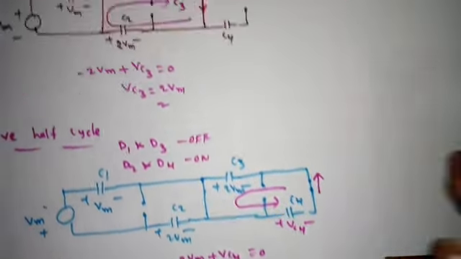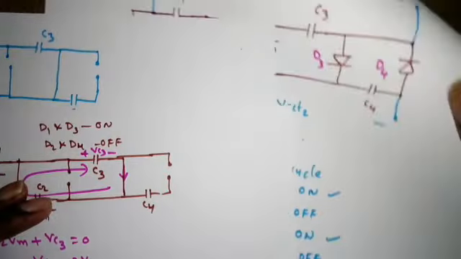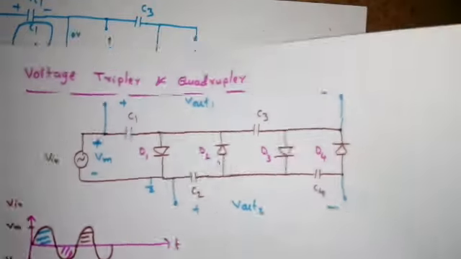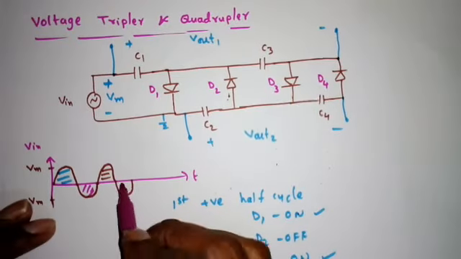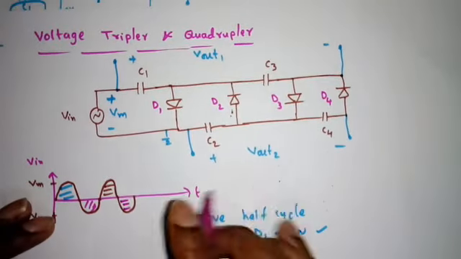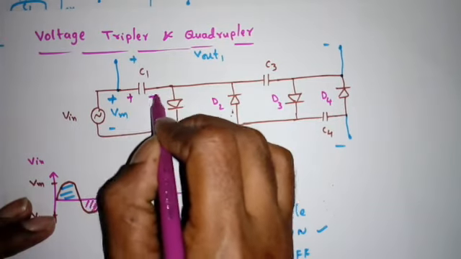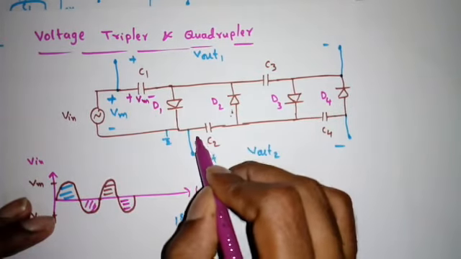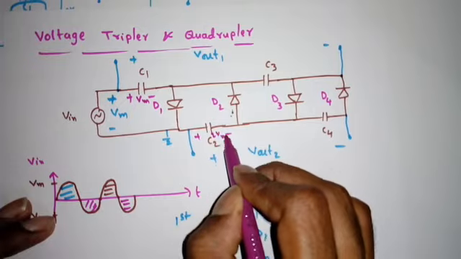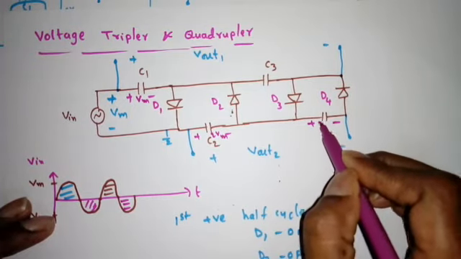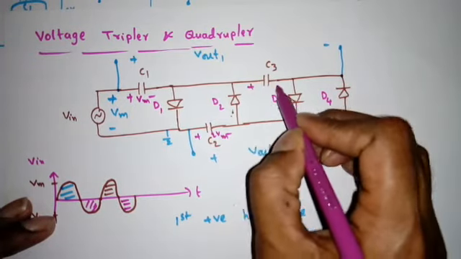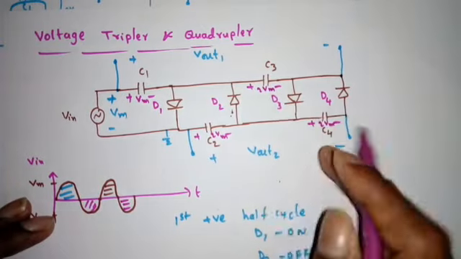So if I see the initial circuit, after this second negative half cycle, this is Vm, this is 2 Vm, this is also 2 Vm, this is also 2 Vm.